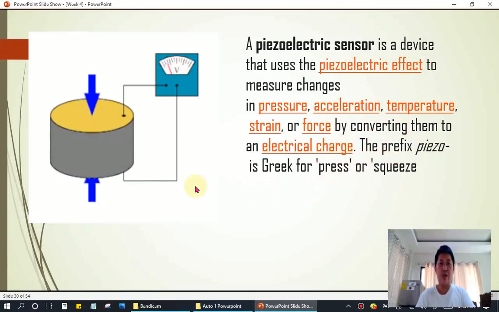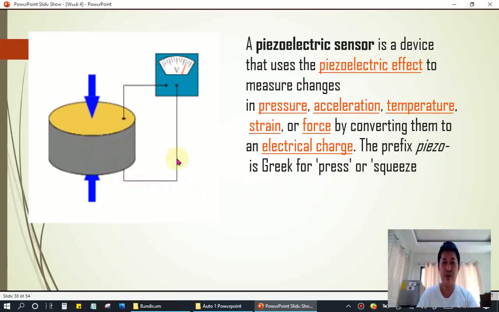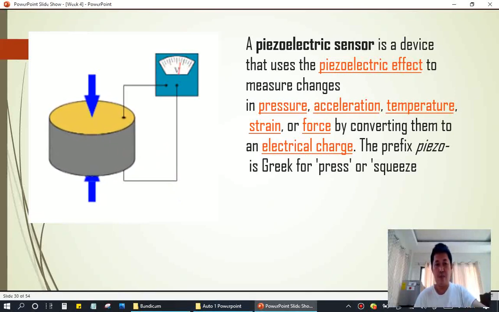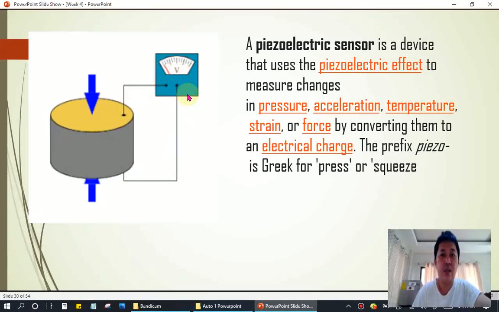So as you can see here, in this simple video, the material is compressed or squeezed and then expands. As you can see, when it is compressing, the signal sent to the voltmeter, the reading increases.